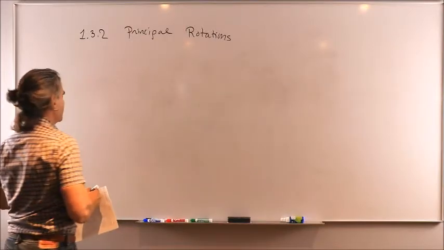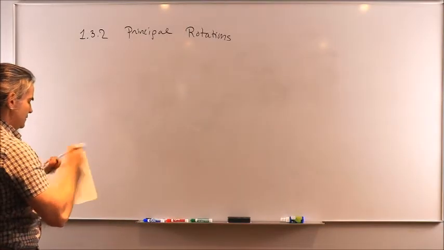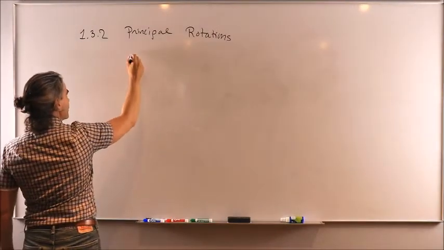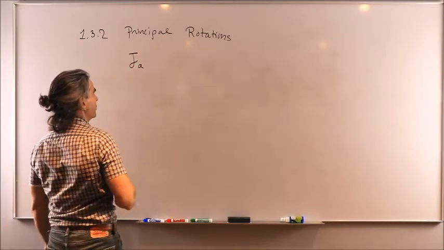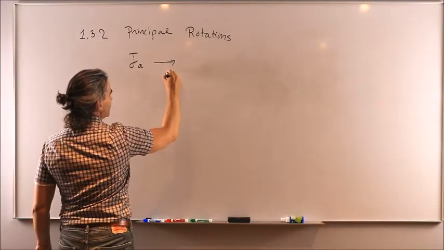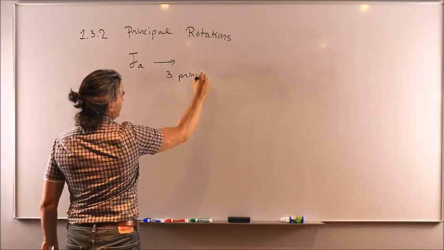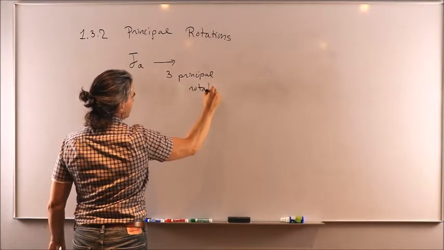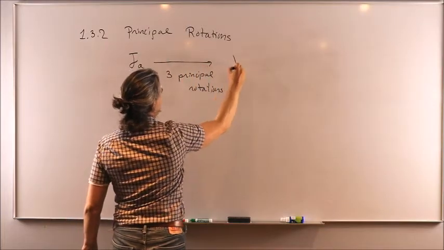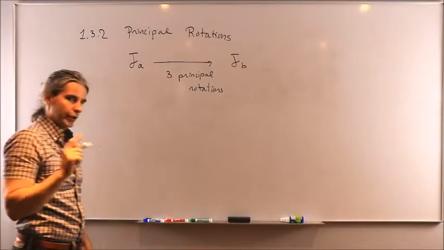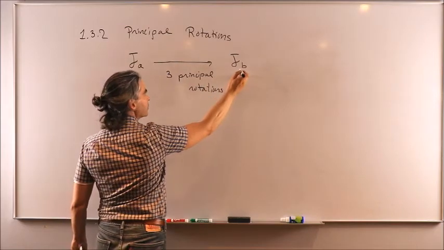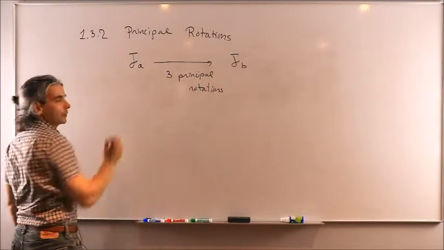So we're still within 1.3.2. So let's pretend that you have the initial reference frame, which is denoted as A, reference frame A, and ultimately, after three principal rotations, we finally obtain reference frame B. Now the question is, how can you calculate the rotation matrix relating the orientation of reference frame B with respect to reference frame A?